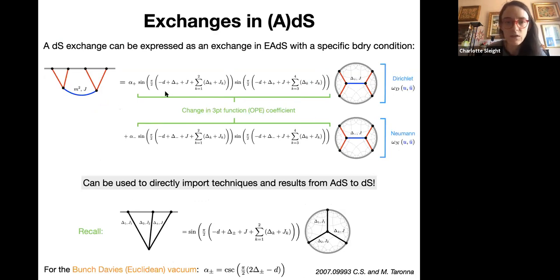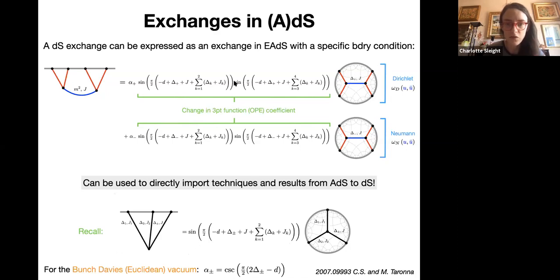So you should recognize this product of sine factors as the sine factors that we saw earlier on. These are the sinusoidal interference factors that multiply a three-point contact diagram in anti-de Sitter space to give the corresponding full three-point contact diagram in de Sitter.